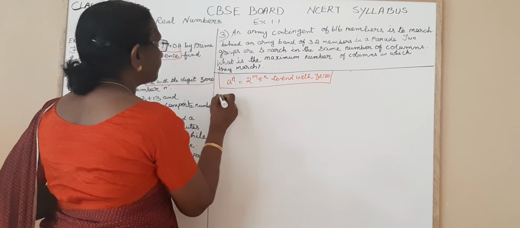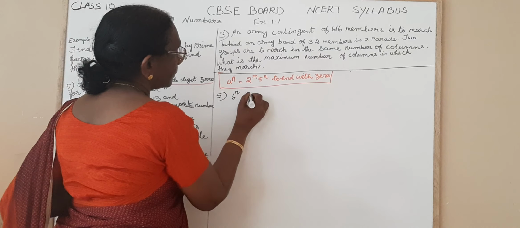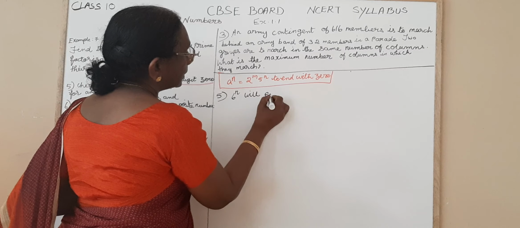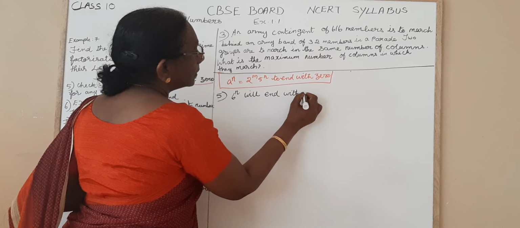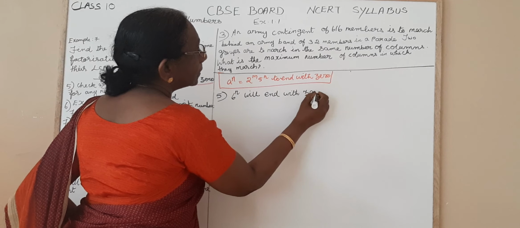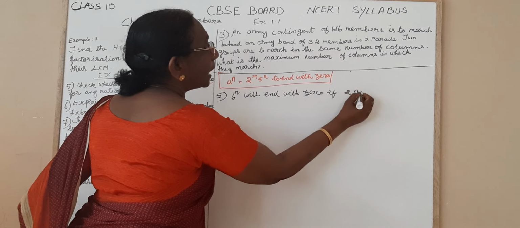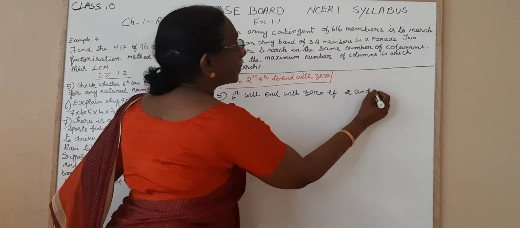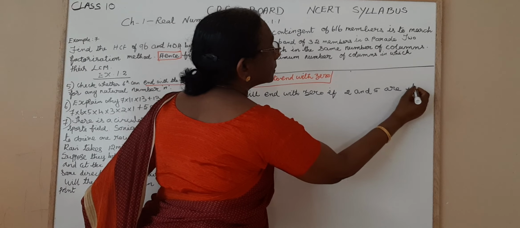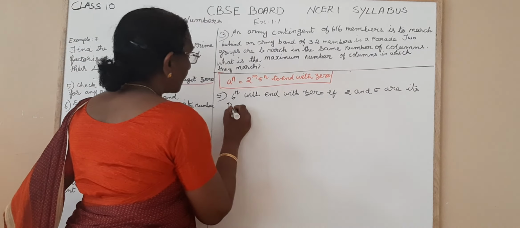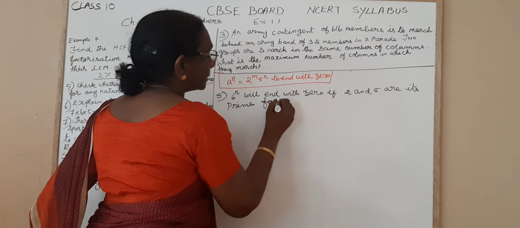Question number 5. 6 power n will end with 0 if 2 and 5 are its prime factors.